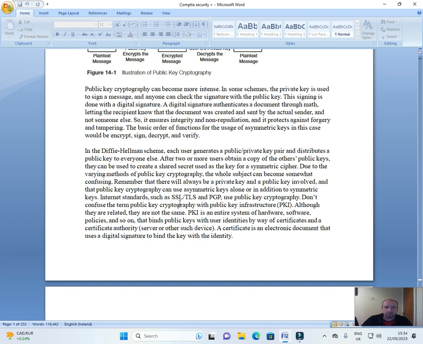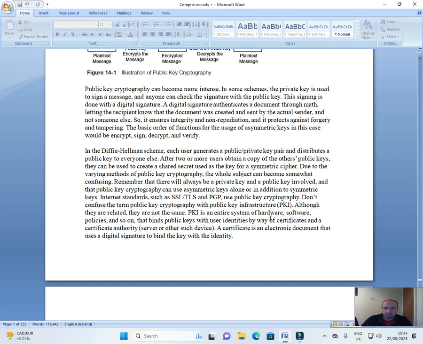Internet standards such as SSL, TLS and PGP use public key cryptography. Don't confuse the term public key cryptography with public key infrastructure, PKI. Although they are related, they are not the same.